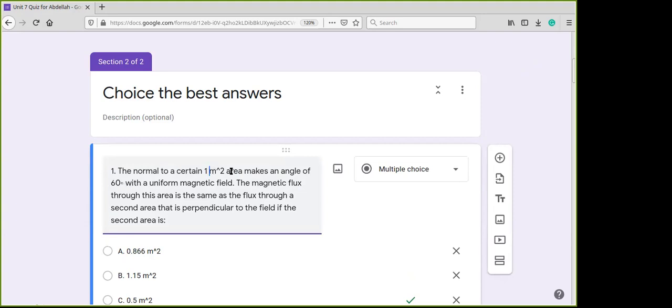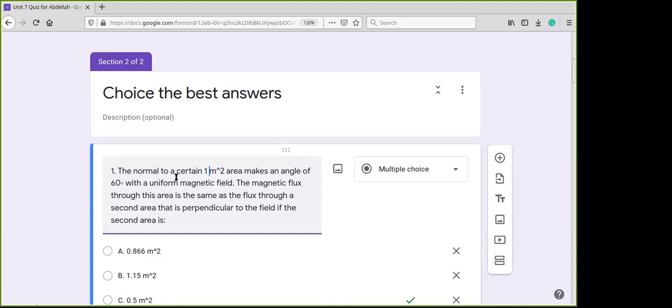So this theta is the angle between the normal to the area and the magnetic field. In this case, to find the magnetic flux, we use BA cos theta, yes?